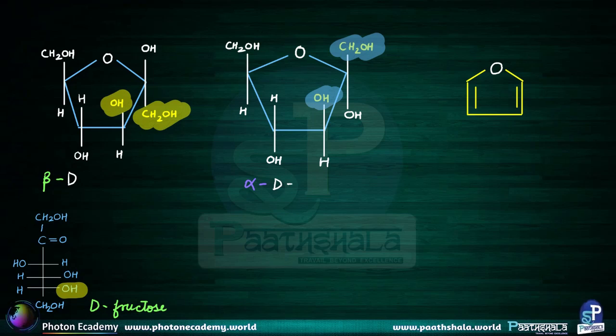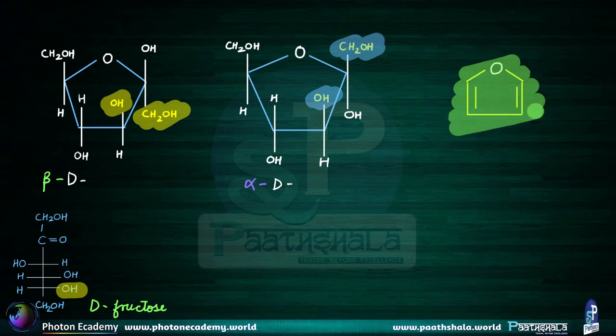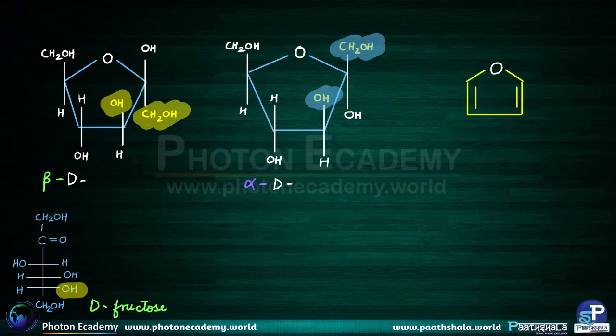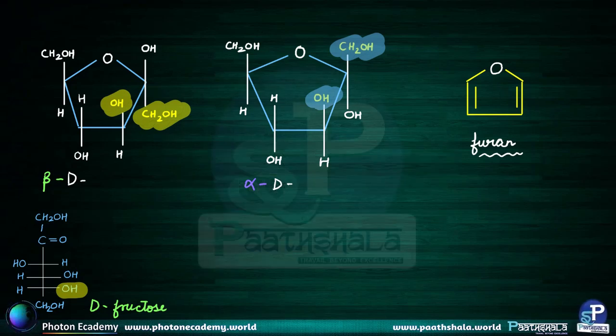Now, for the rest of the name, let us take a hint from this particular five-membered ring that we have at the right-hand corner. This five-membered ring is called furan. Our furan over here looks a little similar to the cyclic structures of fructose that we have drawn. So this furan will help us in naming these two structures. And how does it do so?